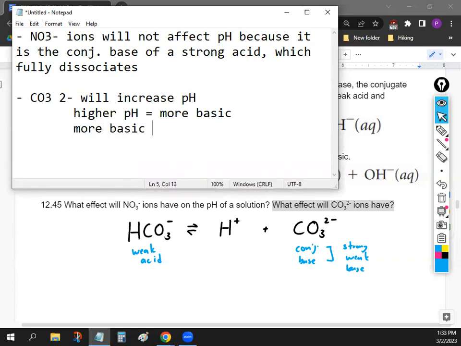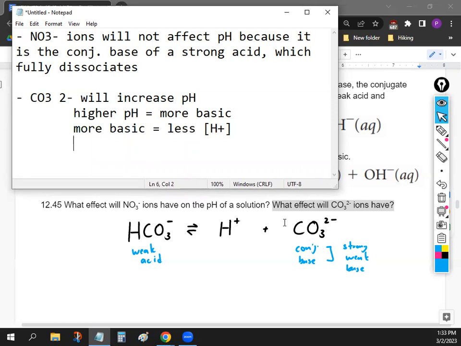Okay, more basic means there is less or more H plus? Less. Less H plus, which checks out with our logic here, because if you got more of this, which way is it gonna push the reaction, left or right? So left. Okay, let's go through it step by step. Carbonate will increase pH because a higher pH means more basic.